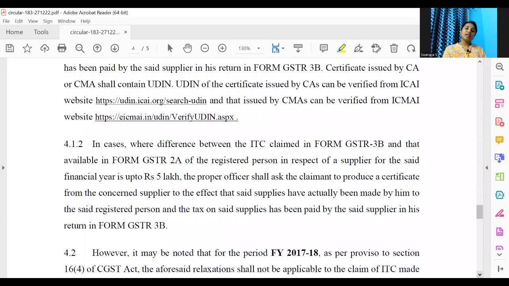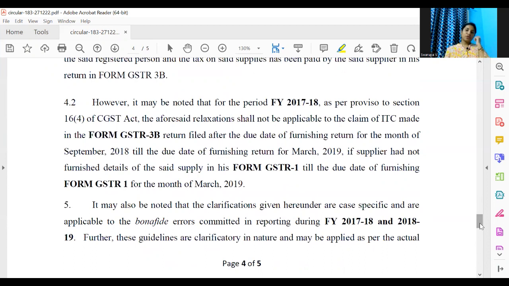And in case the differential amount is less than 5 lakh, then the proper officer will need a certificate from the concerned supplier to the effect that the supplier has actually made a supply to the registered person and has paid taxes also in his Form 3B. So for these four categories of errors, CBIC has allowed the credit, provided the proper officer is convinced that the conditions of Section 16 are properly fulfilled.